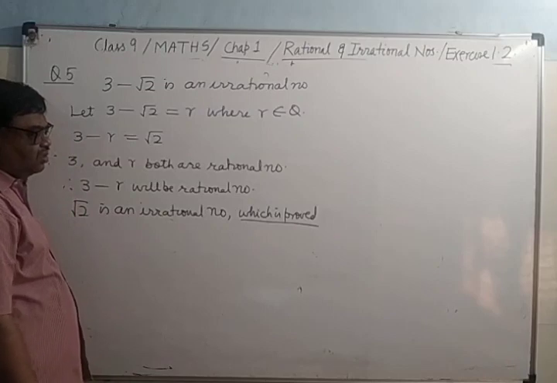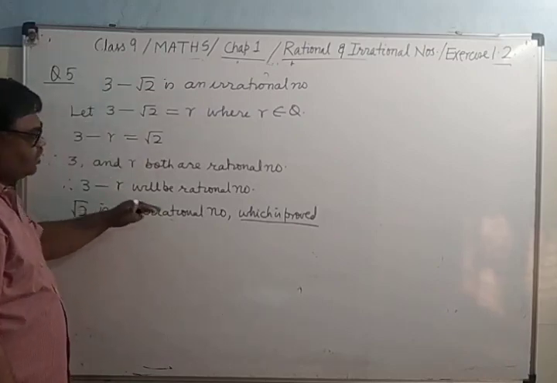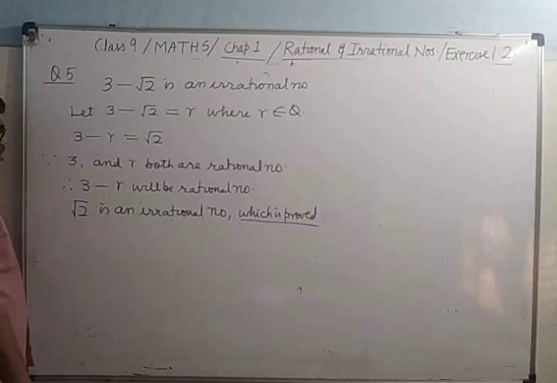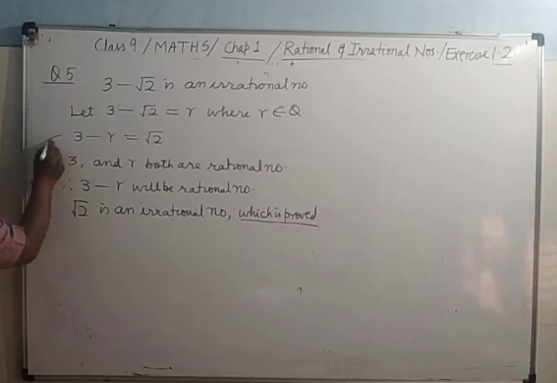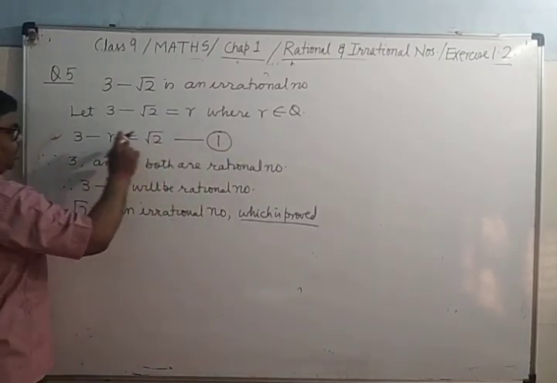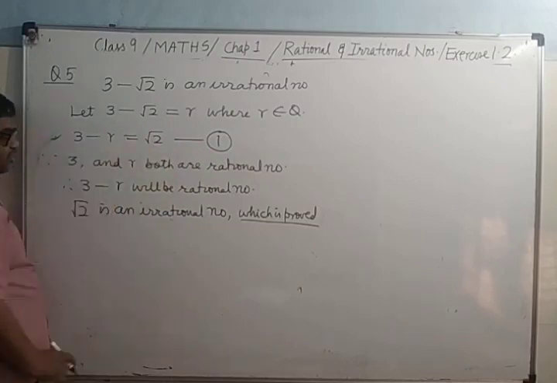Suppose the question is only this, then we will not write "which is proved." This we know is an irrational number. So from here, equation 1 shows the equality of a rational number with an irrational number.